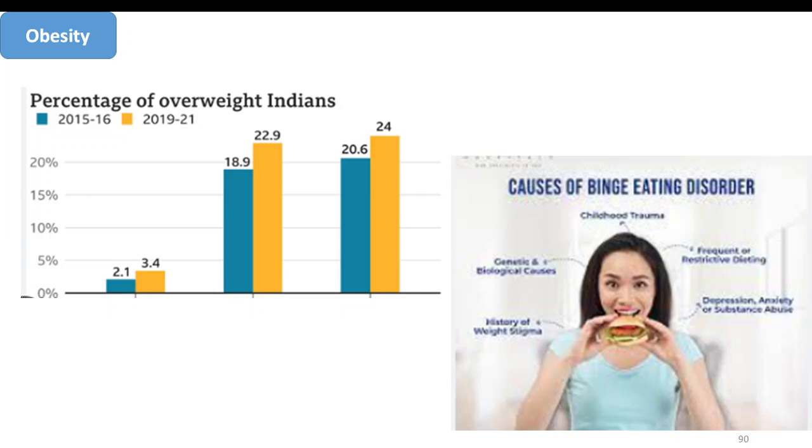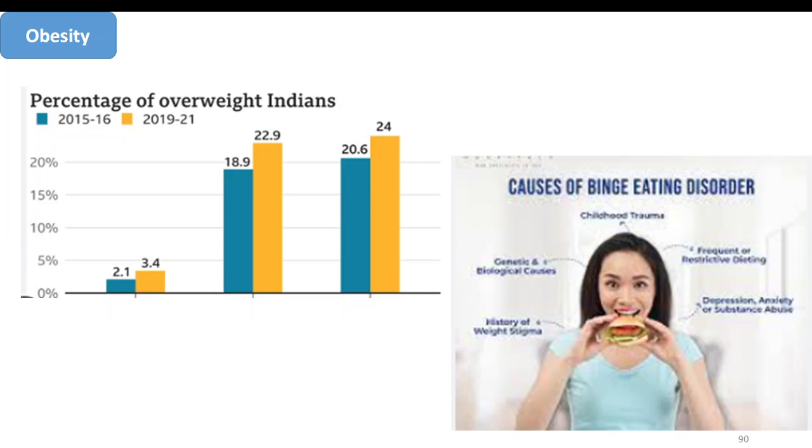When we are developing cravings, we are waiting for the moment when the dieting is over, and the moment the dieting schedule is over, we binge, we jump into the food, and we eat more than what we probably would have if we were not into such restrictive dieting.